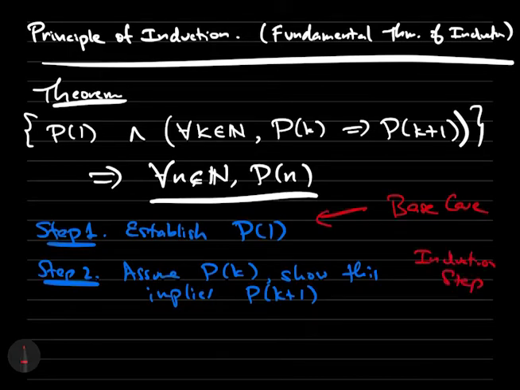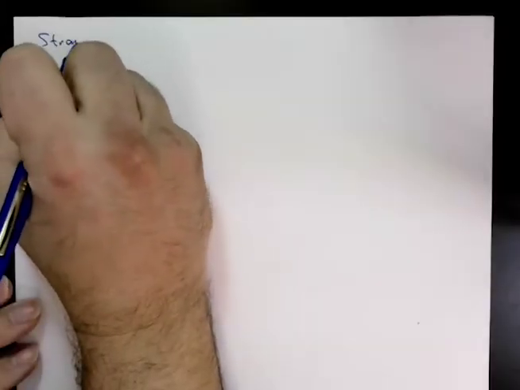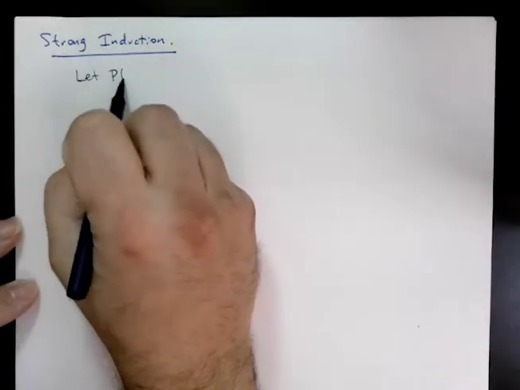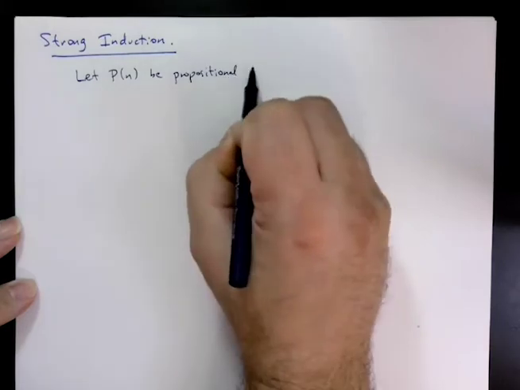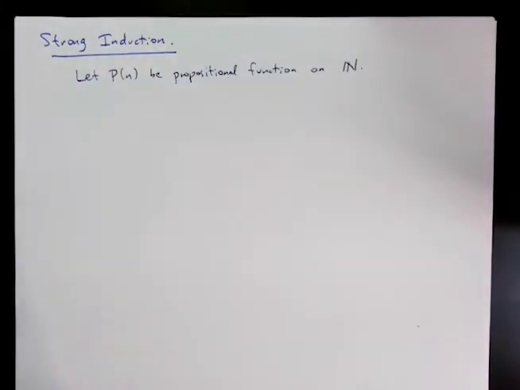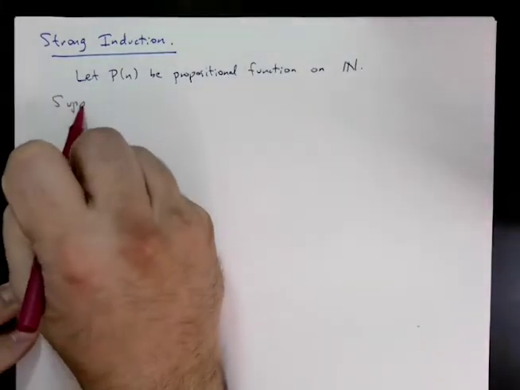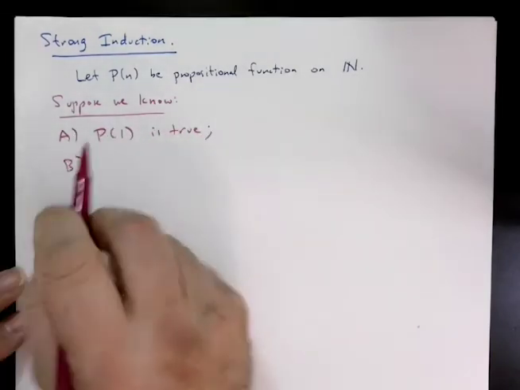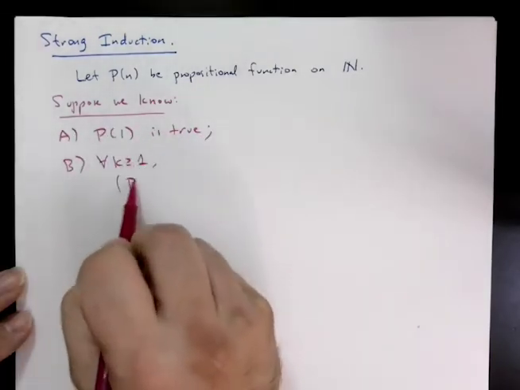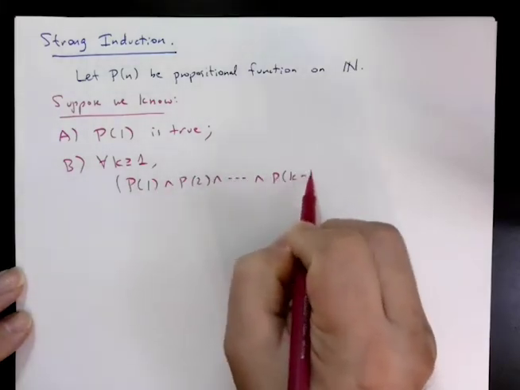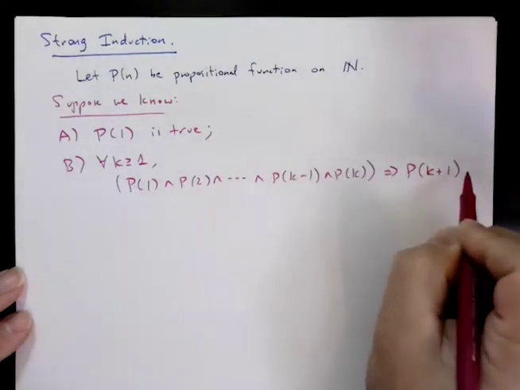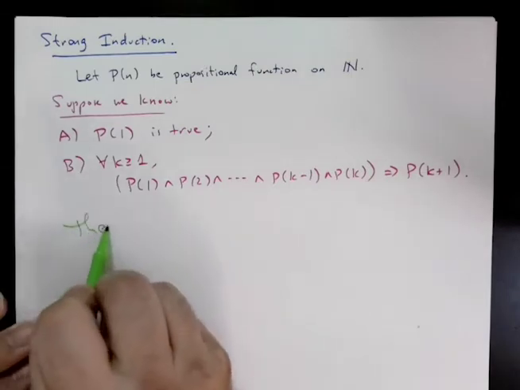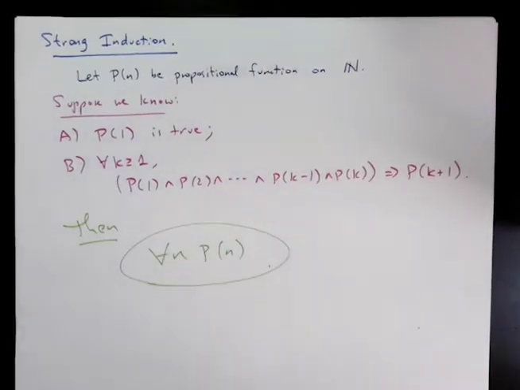Okay, now for strong induction. Let P be a propositional function on the natural integers. Let's say we know that P of 1 is true, again, the base case, and we know that for any k in the natural numbers, we know that P of 1 and P of 2 and P of 3 and so on up to and including P of k implies P of k plus 1, then P of n is true for all natural numbers n.